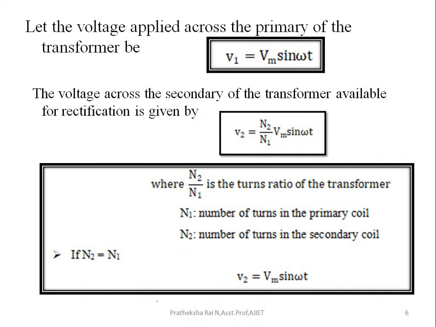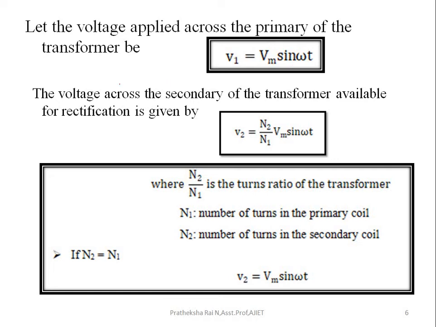Now let us see how we are going to derive certain parameters. In the previous sessions also we have seen that the voltage is applied across the primary of the transformer. For the primary of the transformer, the equation is given as V1 equal to Vm sin omega t.